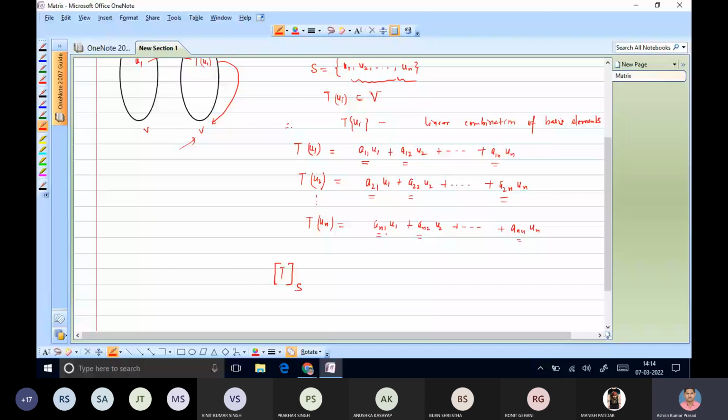So I will write all the coefficients column wise because I have to take the transpose.